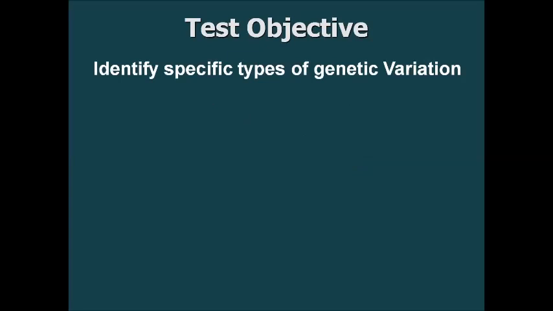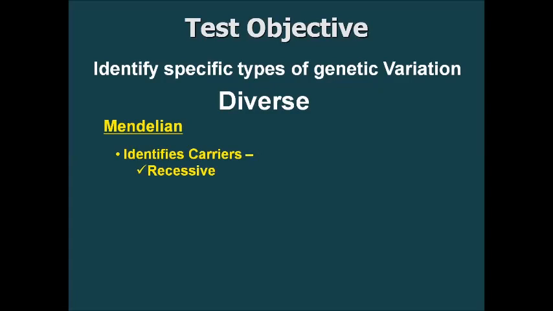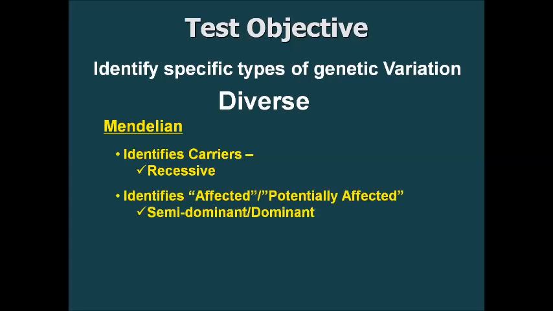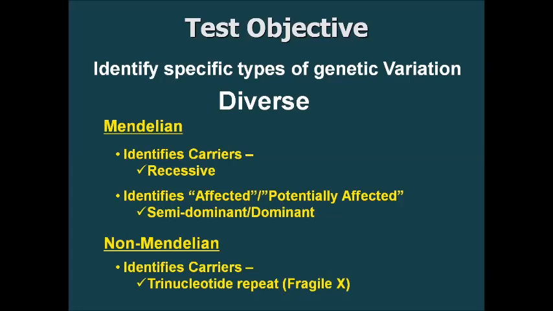And to understand the importance of these conditions and how they impact patient choice, we have to recognize that the tests and panels applied are identifying specific types of genetic variation, and that this genetic variation on these panels is diverse. These panels look for Mendelian conditions that are recessive by their nature, and also on these panels are semi-dominant and dominant conditions, so that we're identifying potentially affected or affected individuals as well, and maybe they're pre-symptomatic.